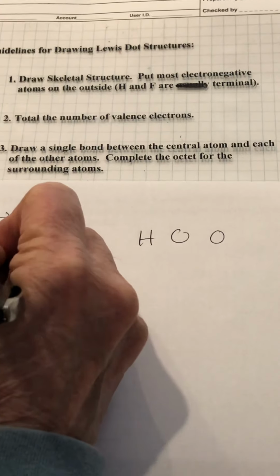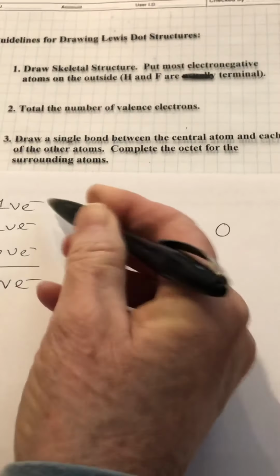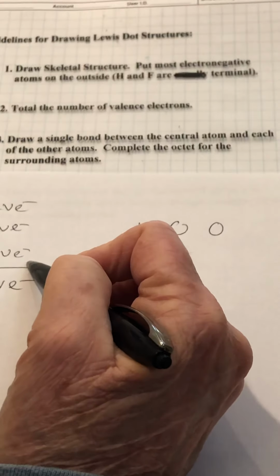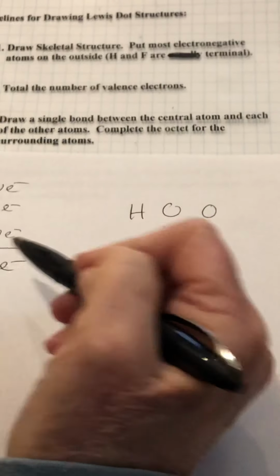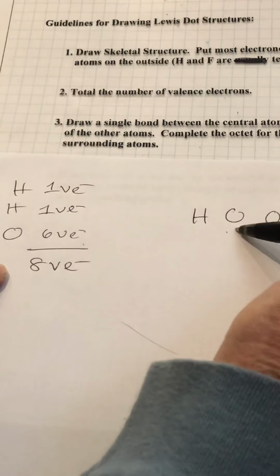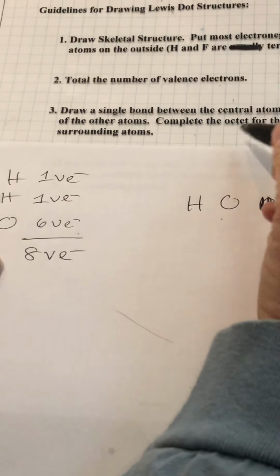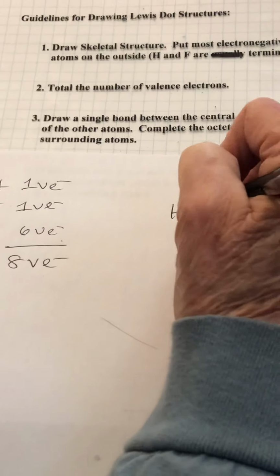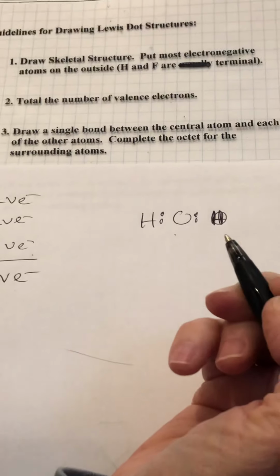Oxygen has 6 valence electrons, and together we have 8 valence electrons. So I've drawn a skeletal structure and I've totaled up the valence electrons. Put them in the pot, they no longer belong to anybody in particular. Draw a single bond between the central atom and the outer atom. 1, 2, 1, 2. Now I've got 4 valence electrons.